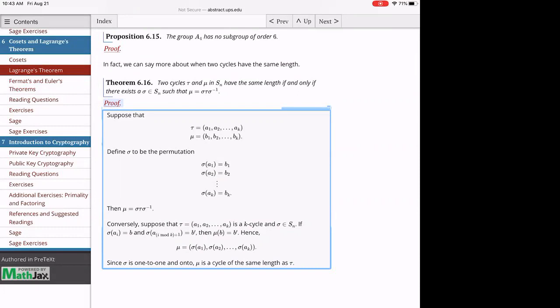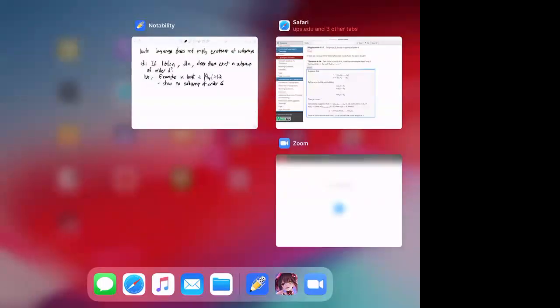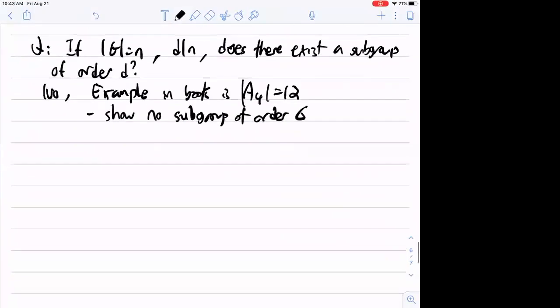It's a pretty nice result that if you conjugate, it's just applying the cycle. For those of you who don't know what I'm talking about, sigma conjugated by tau, tau sigma tau inverse, is just tau applied to sigma.